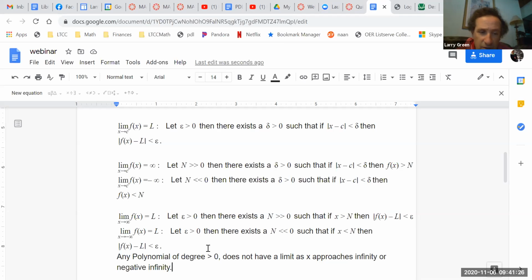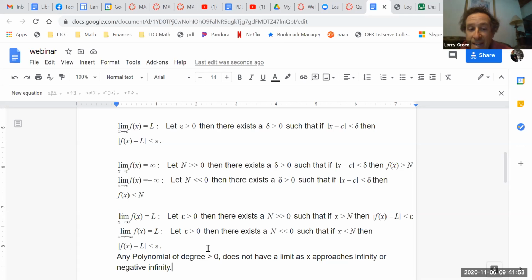For it to go to a constant, an L, what does it have to look like if you just zoom out a whole lot? What does it have to look like? If you zoom out.